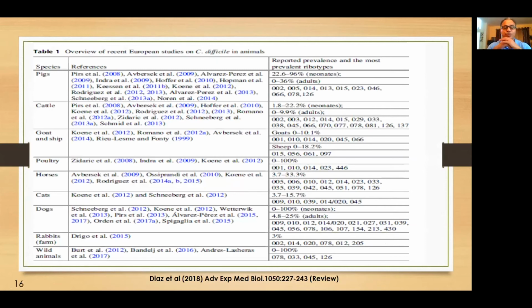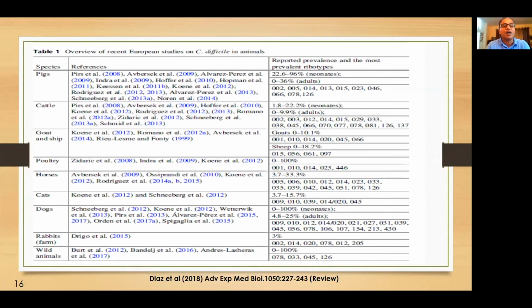Now I want to show some data from other studies done by European scientists. Here in this table, we can see the overview of recent European studies on C. difficile in animals. As animals are the main reservoirs of this pathogen, we wanted to see what are the ribotypes or strains circulating in animal population.